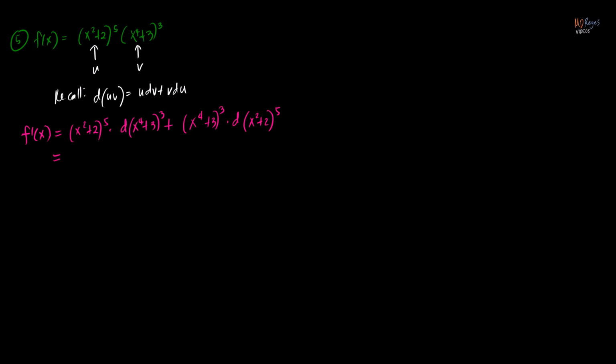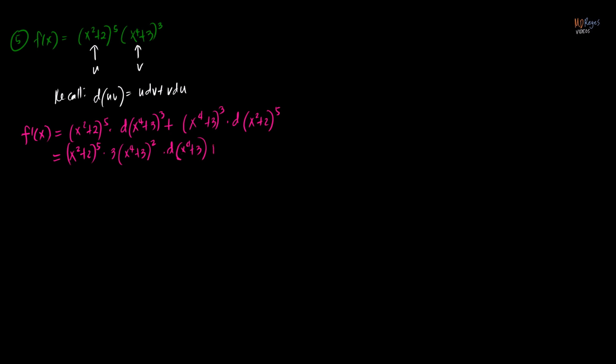Let's continue with the differentiation. x squared plus 2 to the fifth, using the generalized power rule for the derivative of x to the fourth plus 3 cubed. It's still the power rule, but we just have to multiply by the derivative of the base. So it's 3 times x to the fourth plus 3 raised to 2, because 3 minus 1 is 2, times the derivative of the base, x to the fourth plus 3.